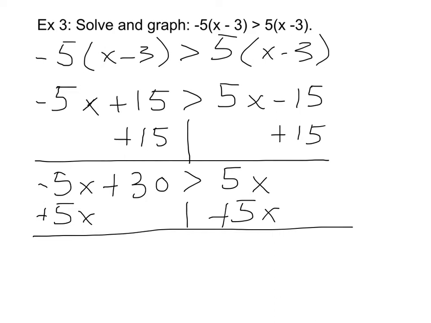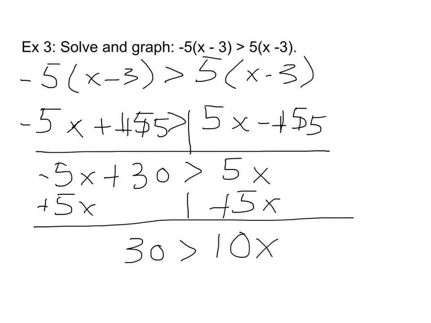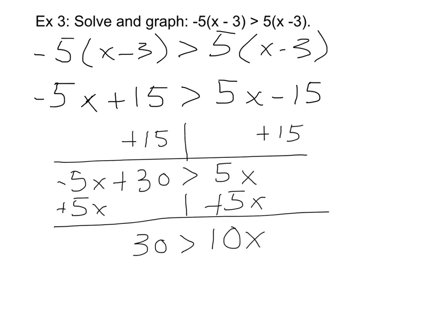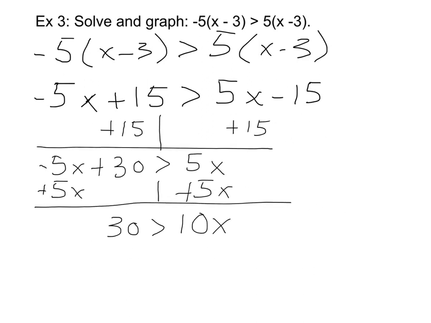That's how we know we've done it correctly. 30 is greater than 5x plus 5x, which is 10x. And if we go ahead and finish, we want to divide both sides by 10. We get 3 is greater than x. Another way you could write that if you want to is x is less than 3.